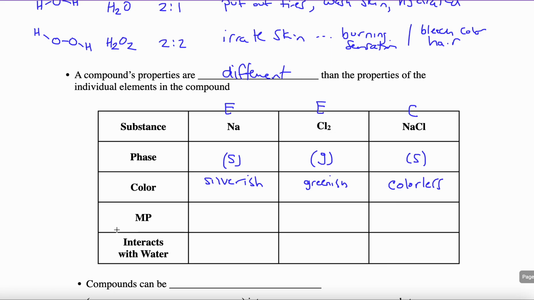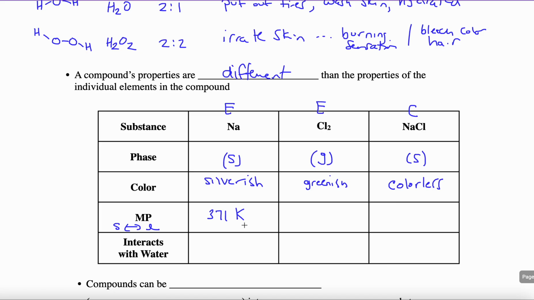Now, melting point. This is the temperature at which a substance transitions between the solid and liquid phase. So this is that temperature. So if you take a look in your reference table and you go to your table S and you look up sodium's melting point, it is 371 kelvins. So, kind of a low temperature.